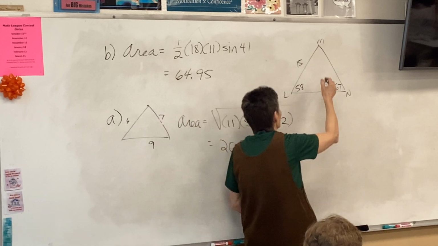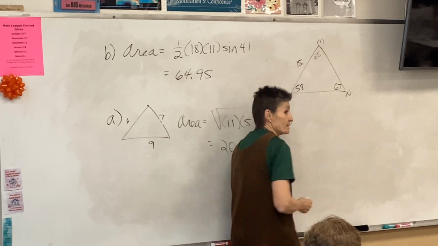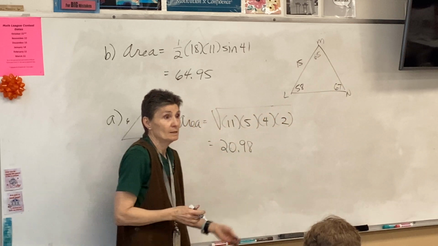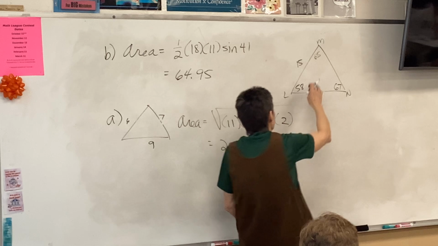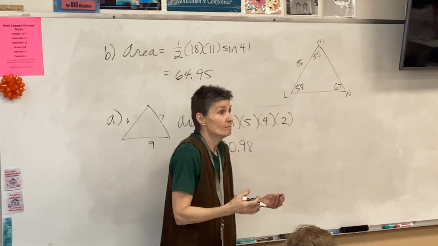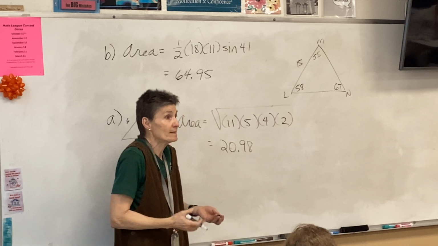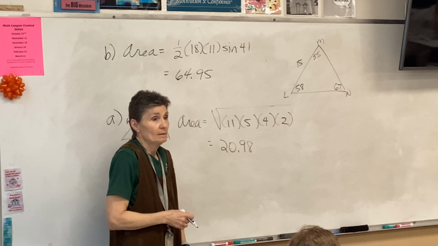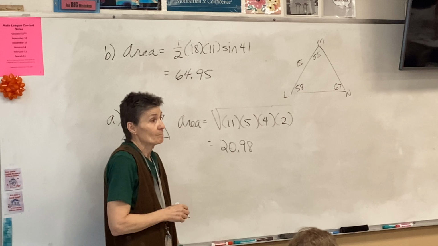You've already figured out I got another angle up here that's 55. Did you agree with that? That doesn't help me in terms of area. I need another side to find the area. But I might use that 55 in a minute.